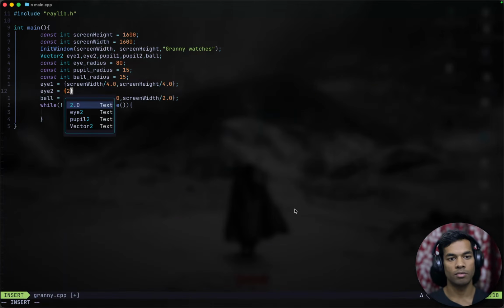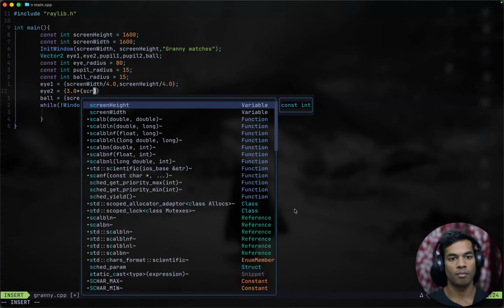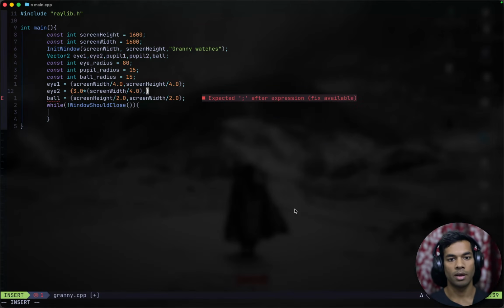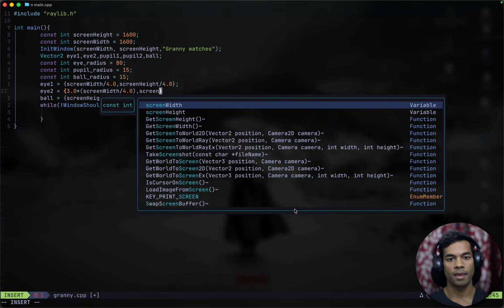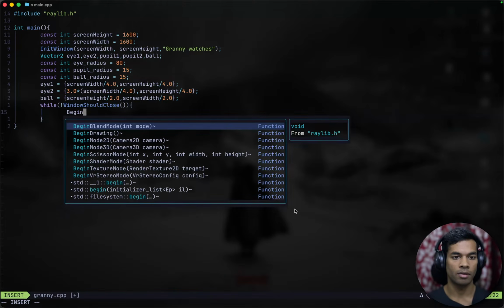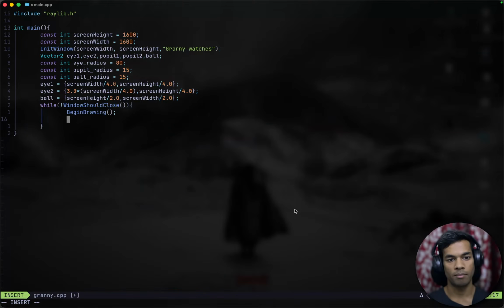It would be 3.0 multiplied by screen width divided by 4.0, and the y value would be the same, screen height divided by 4.0. That is nice.